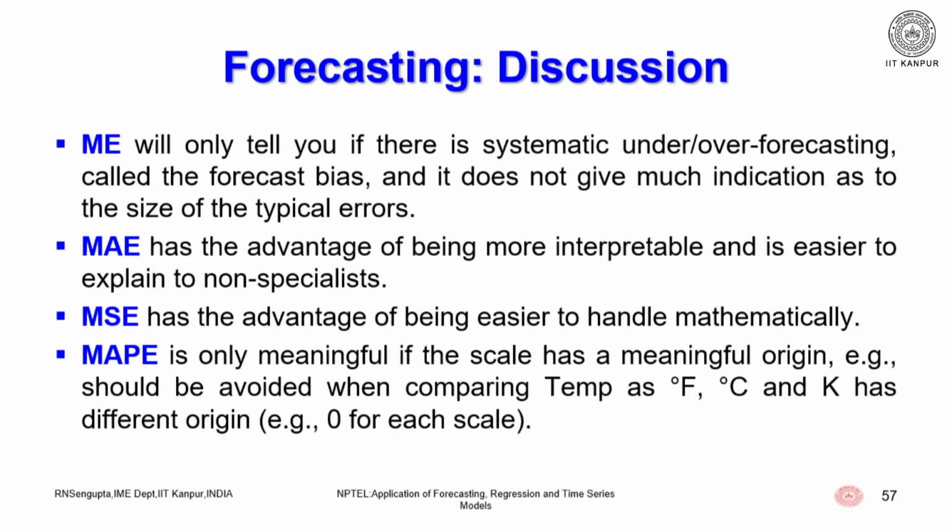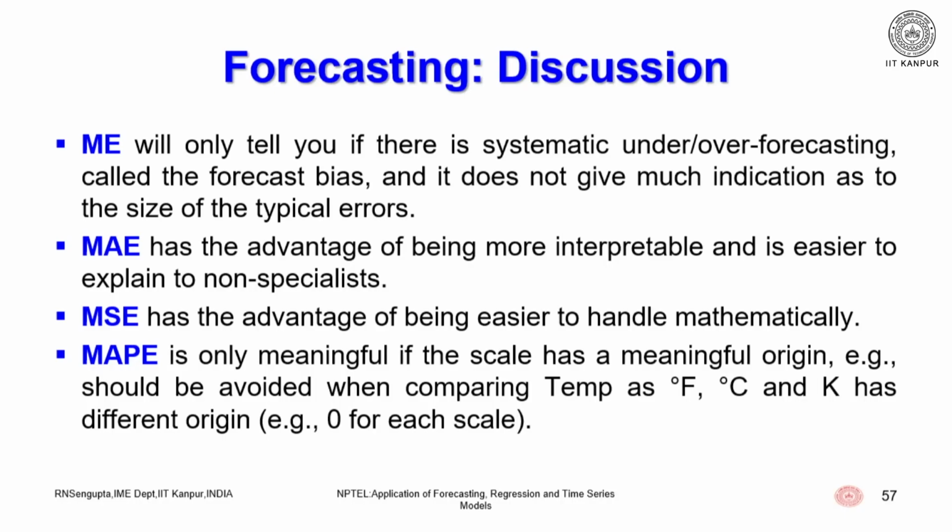Say, for example, in 3 instances the errors are minus 20, minus 30, minus 40, and in the other 3 instances in the same data set the errors are plus 20, plus 30, plus 40. When you add up the errors, they would basically cancel and make it 0. So, the quantum of deviation is not the information which you will get.